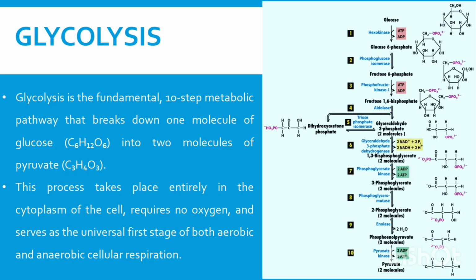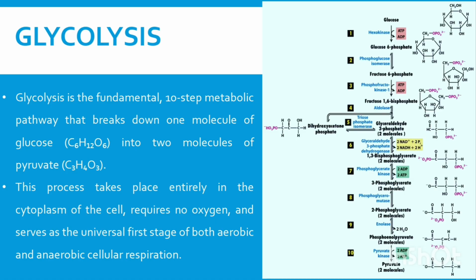Now let's discuss the first step of cellular respiration, which is common to aerobic as well as anaerobic respiration, which is the fundamental 10-stepped metabolic pathway that breaks down one molecule of glucose, C6H12O6, into 2 molecules of pyruvate or pyruvic acid, C3H4O3.